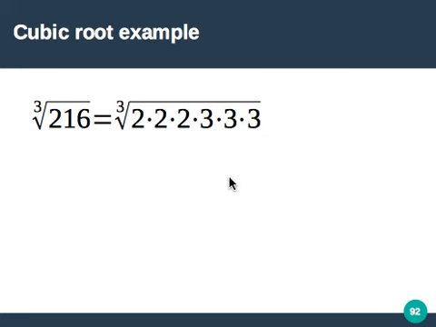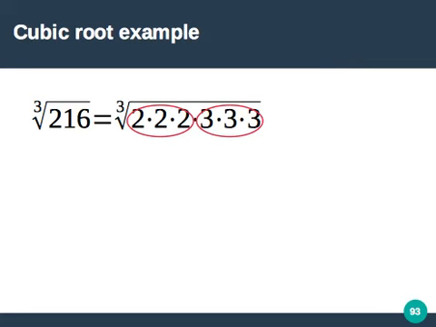What do we do next? Well, we have to find not pairs of 2s or 3s. What we have to do now is get triads, or groups of 3, and those are the guys that get a cubic root.